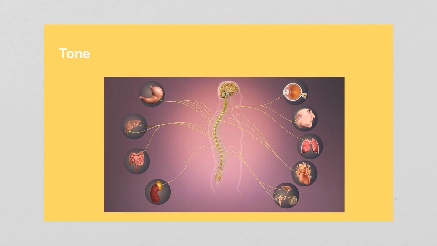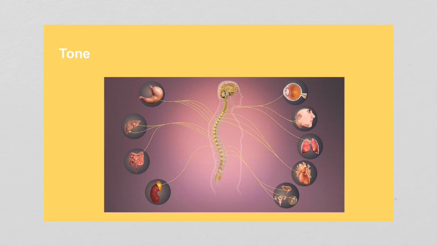Because blood vessels are almost exclusively innervated by the sympathetic nervous system, meaning that the parasympathetic nervous system does not really affect them, it allows the body to respond to increases in blood pressure by adjusting the diameter of the blood vessels. The parasympathetic system also participates in tone.